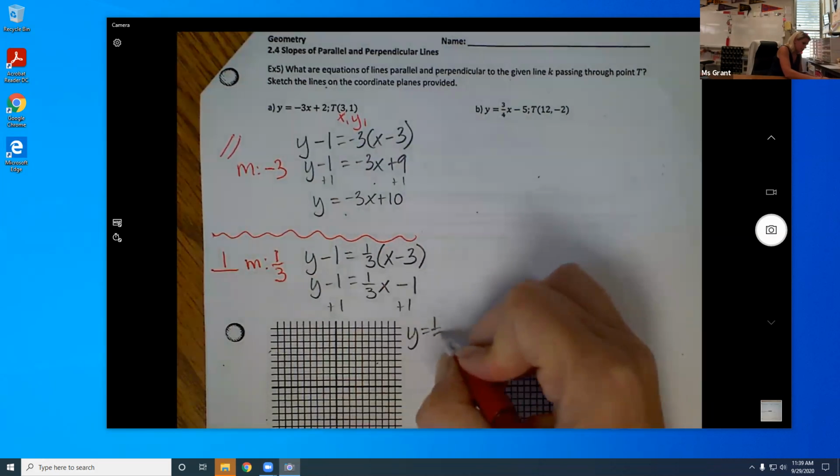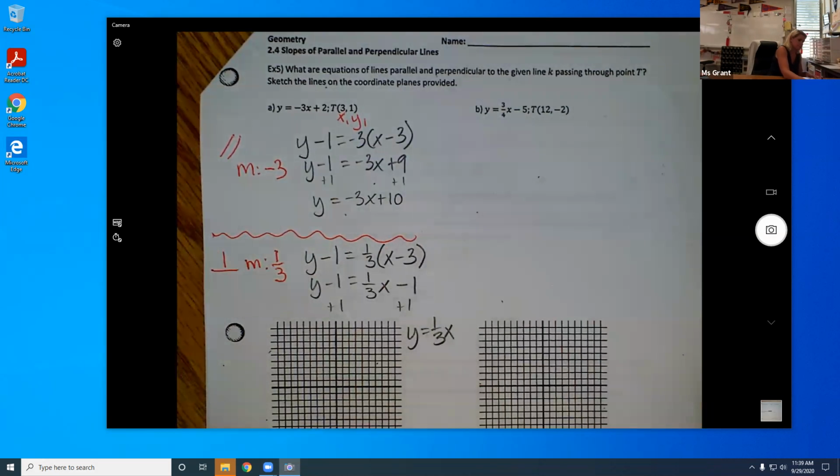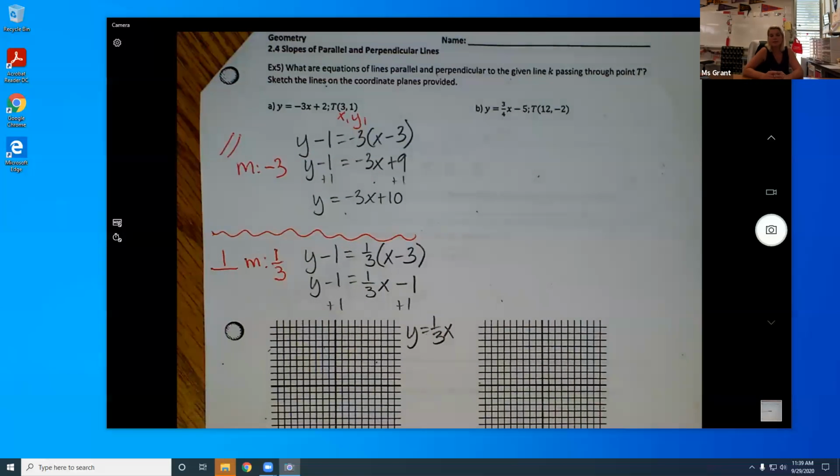Y equals 1/3 x. That's it. Perpendicular. The y-intercept is 0. What questions do you have on 5a? Okay.